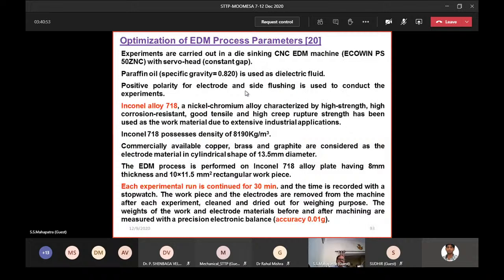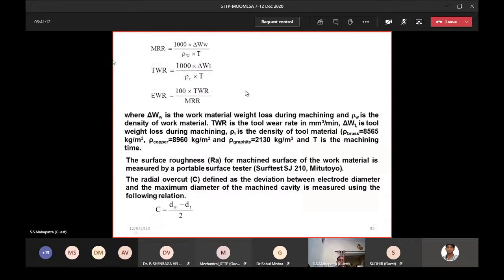The diameter of the tool is 13.5. The experiment has been conducted for 30 minutes. The outputs that we want are the material removal rate, tool wear rate, electrode wear ratio, and the radial overcut.